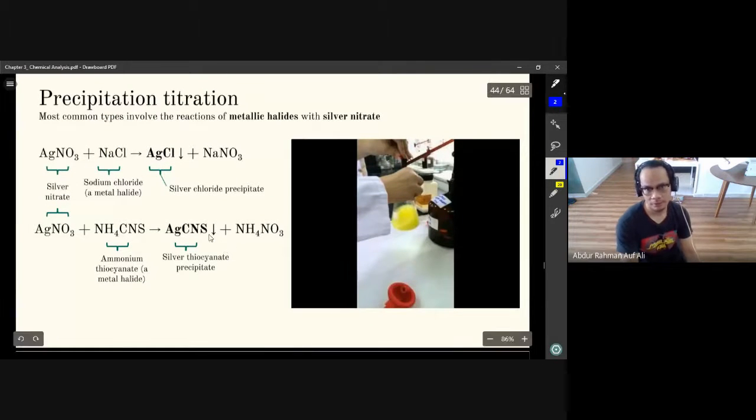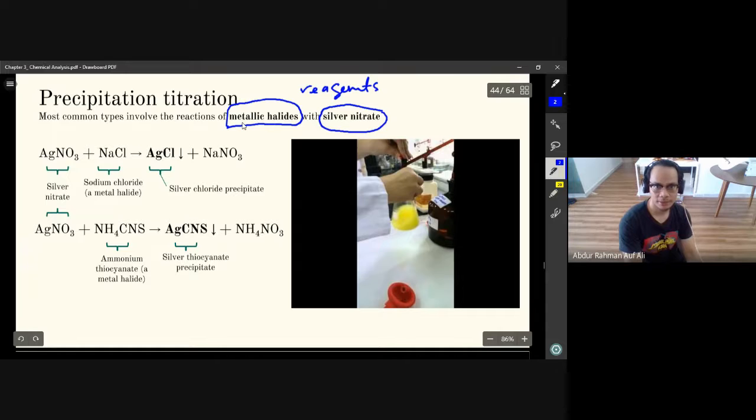the reaction of precipitation titration ni, the most common type adalah the reaction between metallic halides dan juga silver nitrate. So this is referring to the type of reagents, type of substances yang terlibat dalam titration.